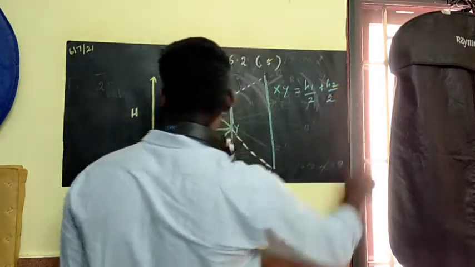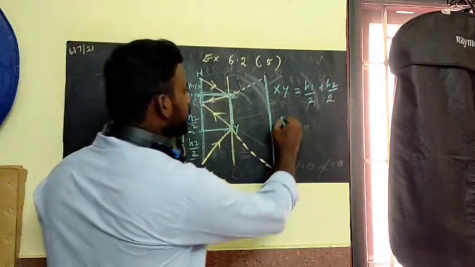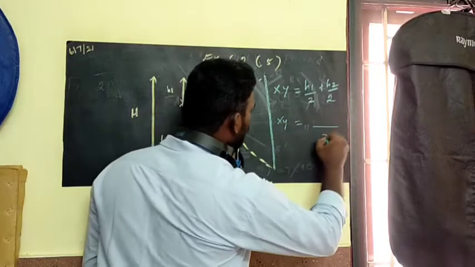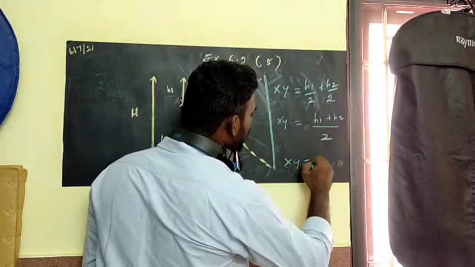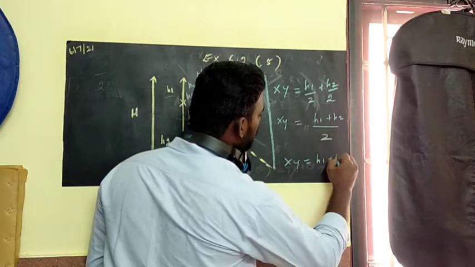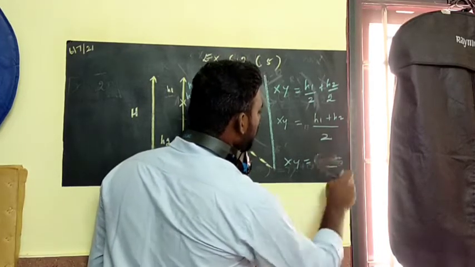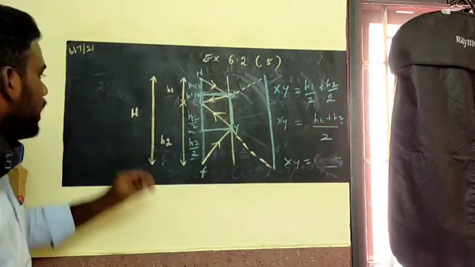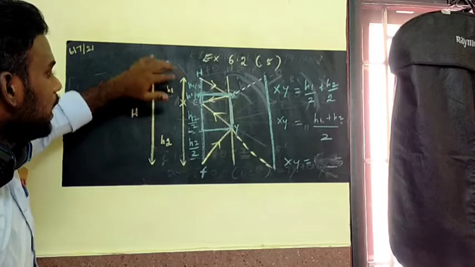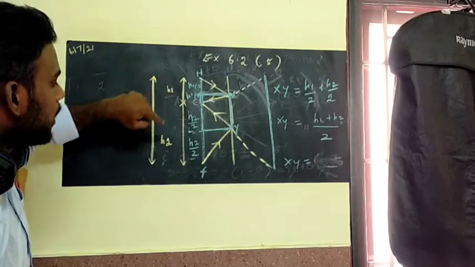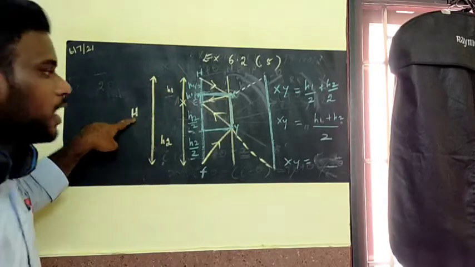Is that clear? So xy equals h1 plus h2 divided by 2, and what will be h1 plus h2? We divided the total height as h1 and h2. If we add h1 plus h2, that will be equal to the height of the person.